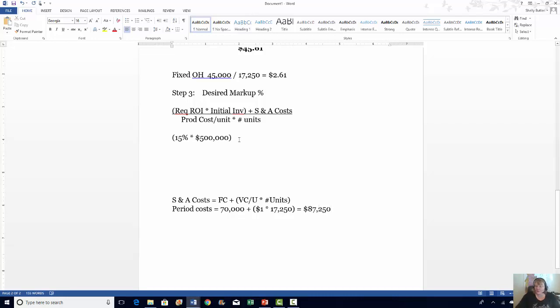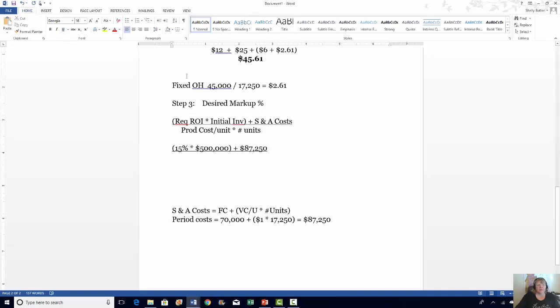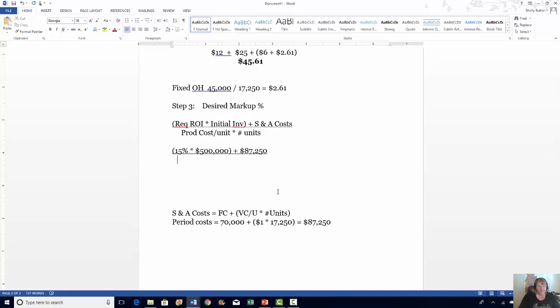Okay. So we can put our 87,250 up there. And we want to divide that. Oh, let's get some line there. Okay. We want to divide that by the production cost, which is our 4561.